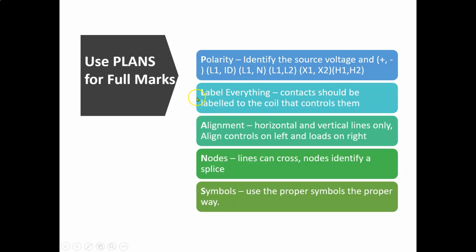L stands for label everything, right? You have to label the contacts, your switches, your control devices, your loads, everything. The big thing they're talking about here is that your contacts should be labeled the same as the coil that is controlling them.